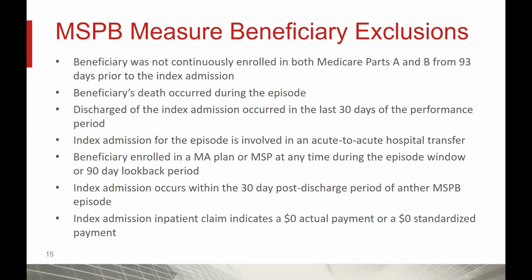Some of those examples include if a beneficiary died during an episode, if the beneficiary wasn't continuously enrolled in Part A and Part B for 93 days prior to the index admission, and things of that sort. So there's a couple of different beneficiaries that will fall out of this particular cost measure, and it's important that you are aware of some of the exclusions.